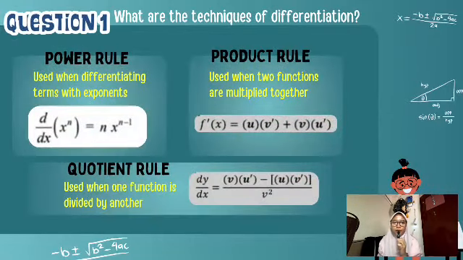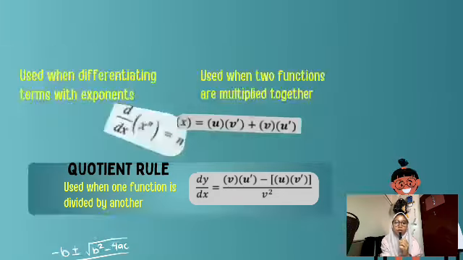Some of the techniques are: the power rule, used when differentiating terms with an exponent, where basically we bring the power to the front and reduce the power by 1. Next we have the product rule, used when two functions are multiplied together. And the last one for this slide is the quotient rule, used when one function is divided by another.